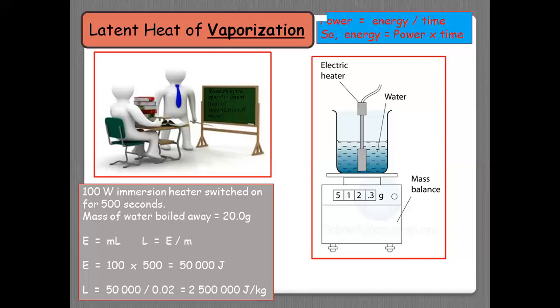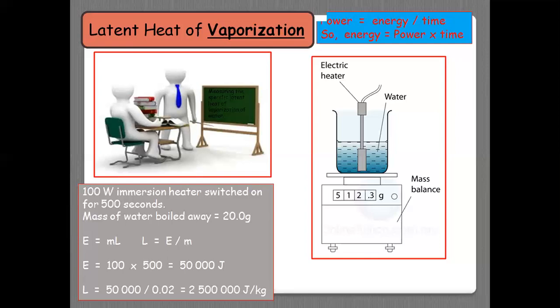Now, to measure the latent heat, as we said, we have to rearrange the formula. L will be equal to E over m. So L will be equal to the number calculated in the previous step, which is 50,000 joules over 0.02. And the latent heat of vaporization in this case will be equal to 2,500,000 joules per kilogram.